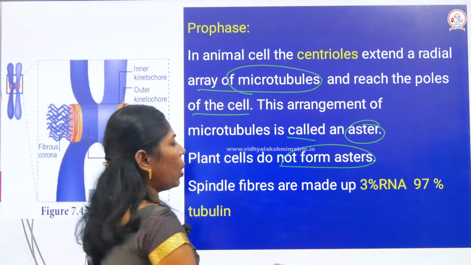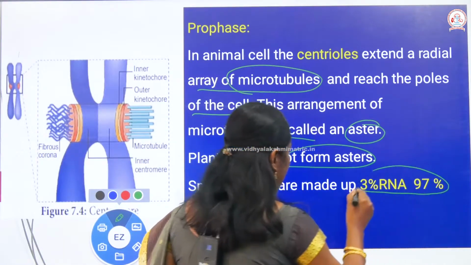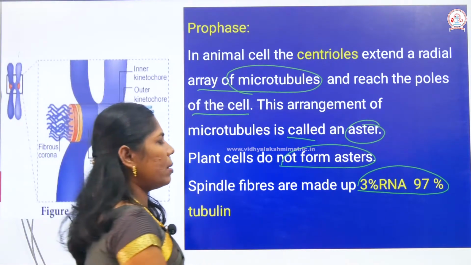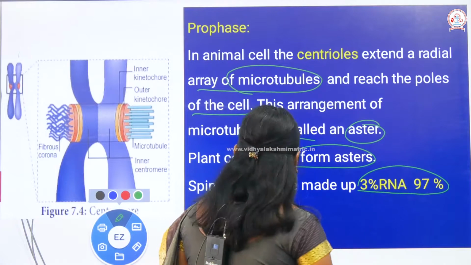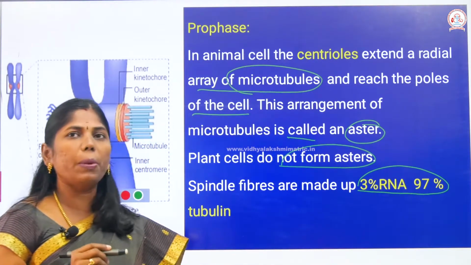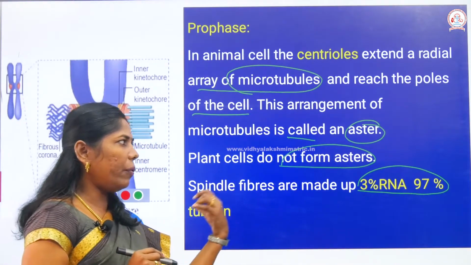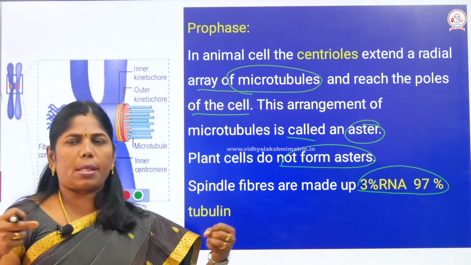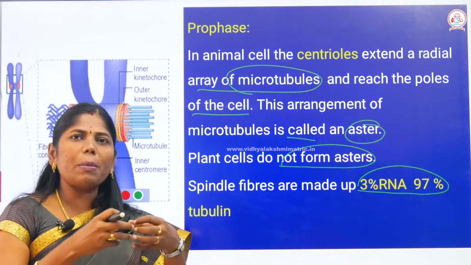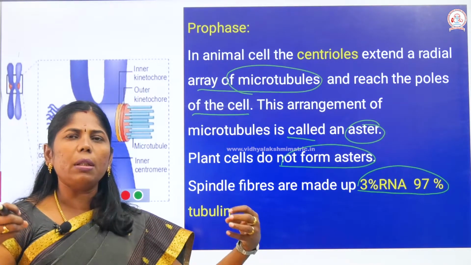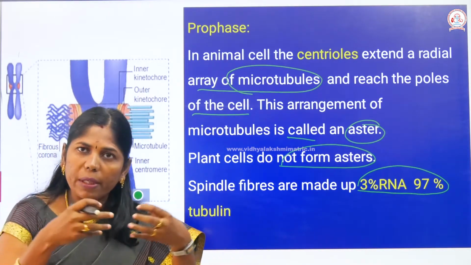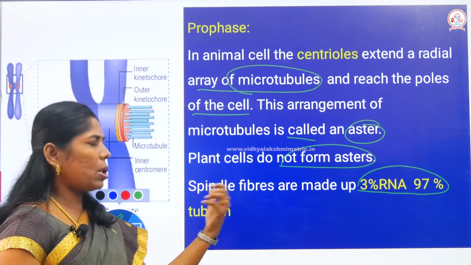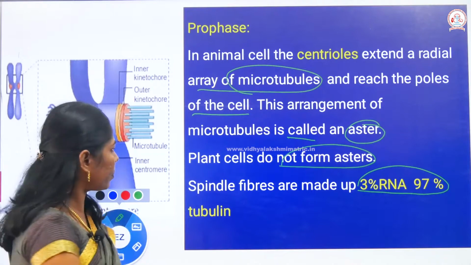The spindle fibers are made up of 3% RNA and 97% tubulin. Only then can they stretch. They can stretch up to the pole, as far as the pole is, and cannot stretch beyond that. Okay? That is the nature of the spindle fibers.